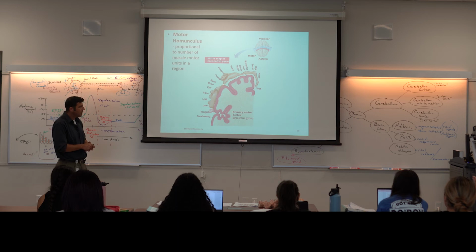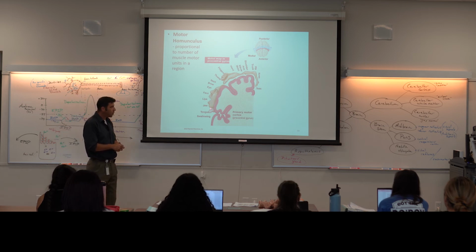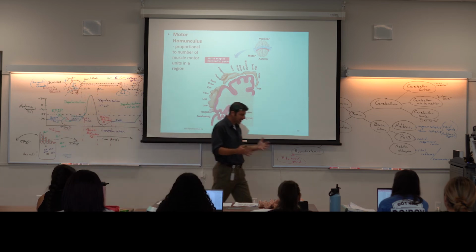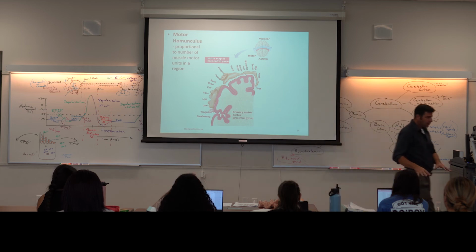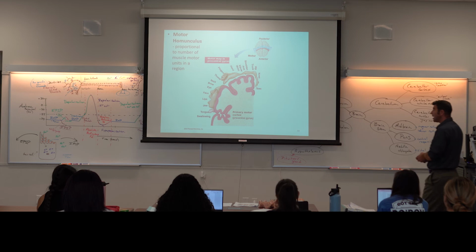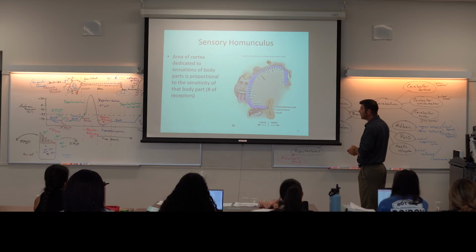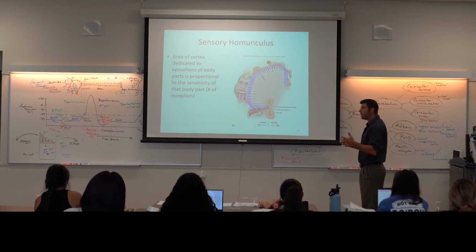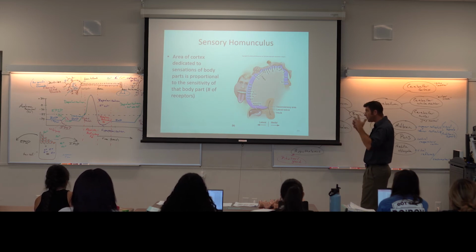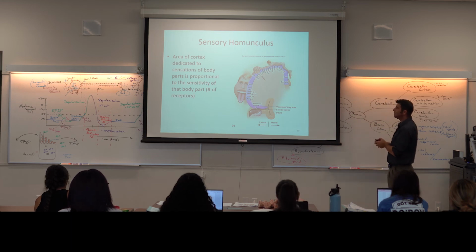So we can see the limited space of that cerebral cortex set aside for coordinating movements in the face and in the hands. Again, that's how we encounter the environment mostly. And then if we look at the sensory side of the brain, there's also a disproportionate amount of cerebral cortex that's set aside for picking up sensory information in the face and in the hands, as well as in the feet and genital regions as well.